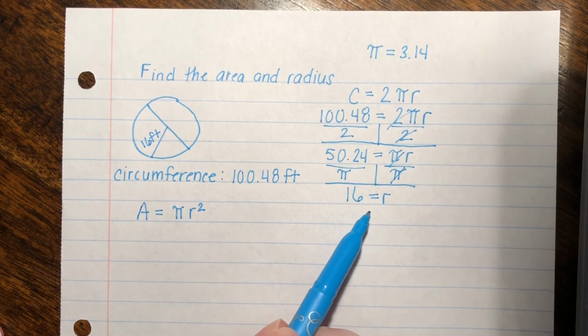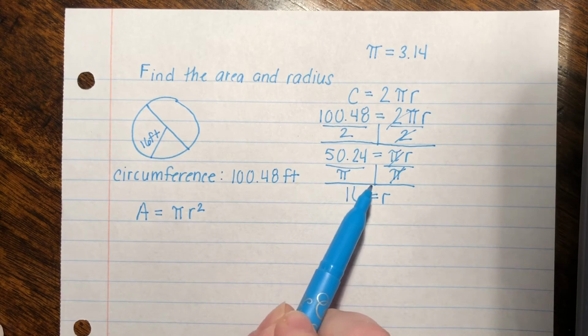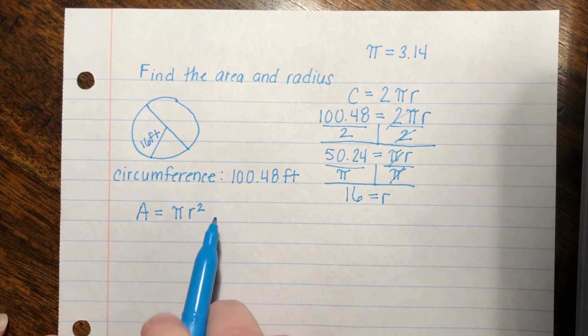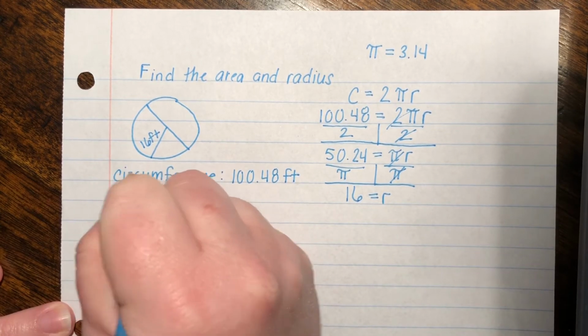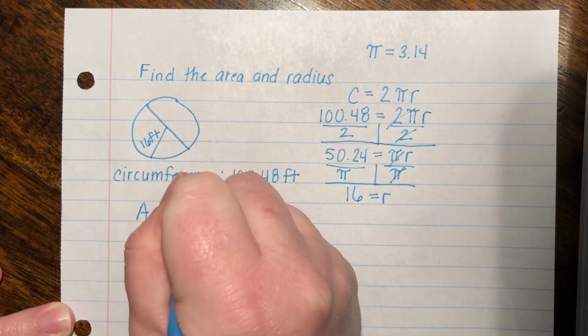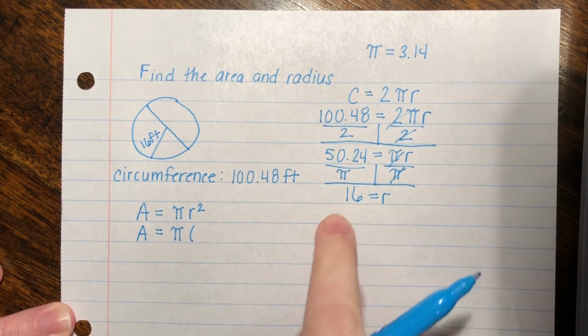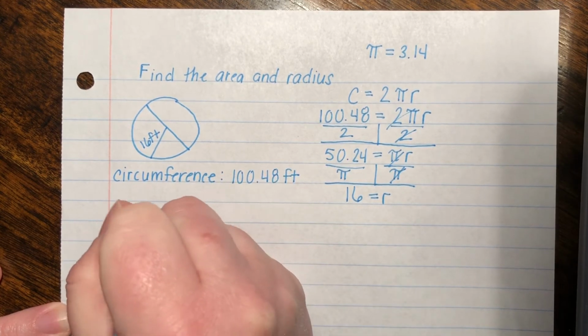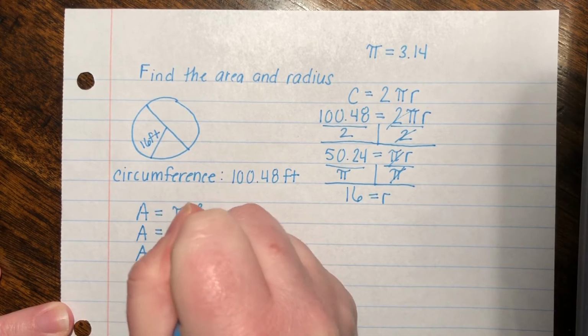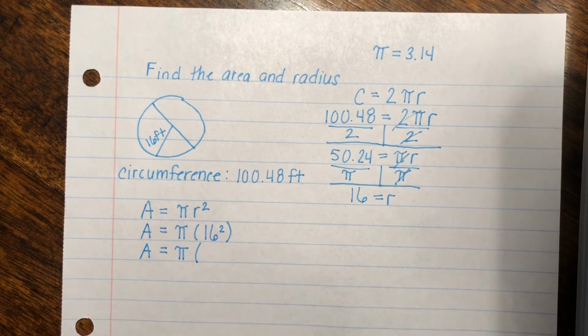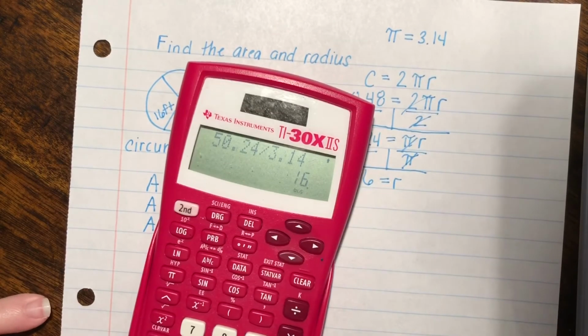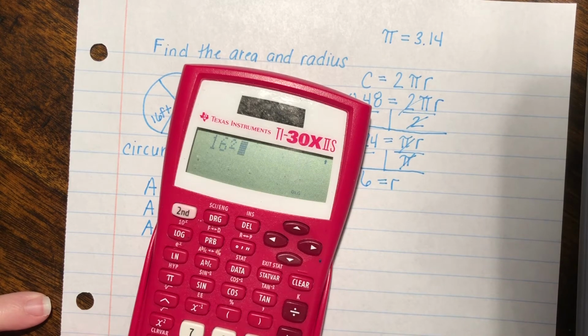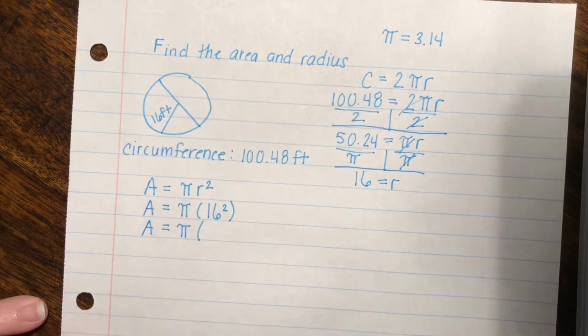Since I know the radius is 16, I can start plugging that into this formula. So now we have A equals pi times 16 squared. Let's just solve that out. Get our little calculator out. 16 squared is going to give us 256.